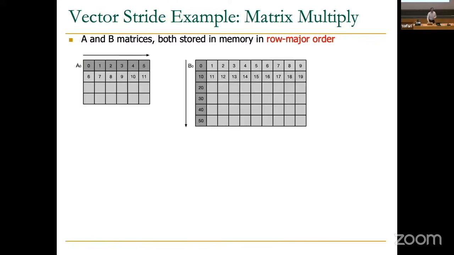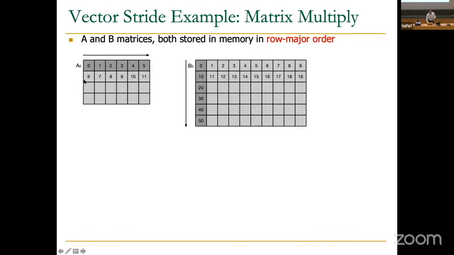So let's take a look at two matrices that we're going to multiply. This is A matrix. This is A0 element over here. This is the B matrix. This is B0 element. They're in row major order. So the first row of A is stored in consecutive locations, as you can see. The first element is in location 0, the next element in location 1, the next element is location 2. These are offsets from the beginning of A, of course, right?